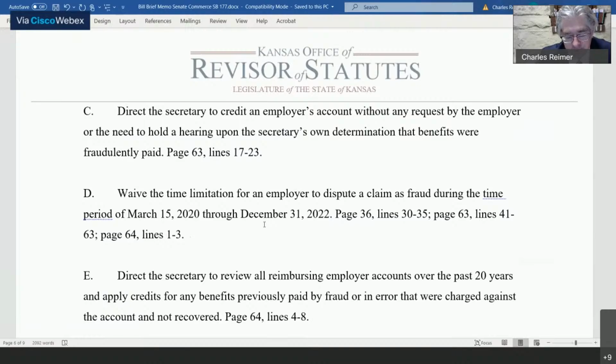One of the issues, of course, that we have heard about is that employers have had difficulty in responding to fraudulent claims in a timely fashion because of the volume, and also because of perhaps just issues getting the information in time. So this waives a time limitation.